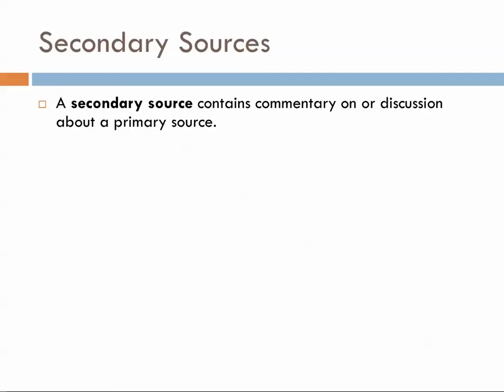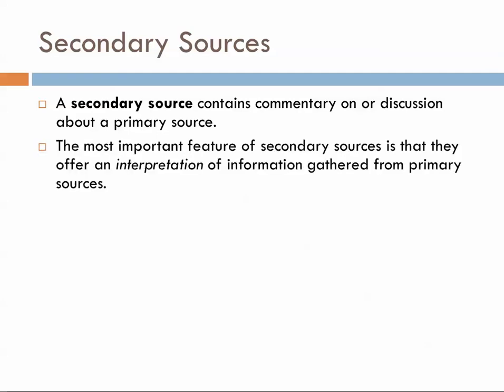What about secondary sources? A secondary source contains commentary on or discussion about a primary source. The most important feature of secondary sources is that they offer an interpretation of information gathered from primary sources.